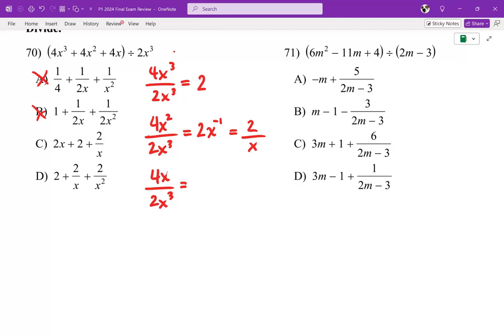So the last one, 4 divided by 2, that's 2. x to the first divided by x cubed is x to the negative 2, which is 2 over x squared. So the only one that has a 2 over x squared is D. So there you go. This one would need a squared term right there, and also a 2 over x as well. So C is not our answer.